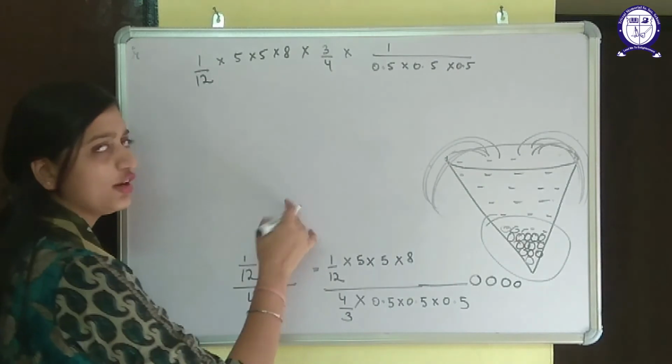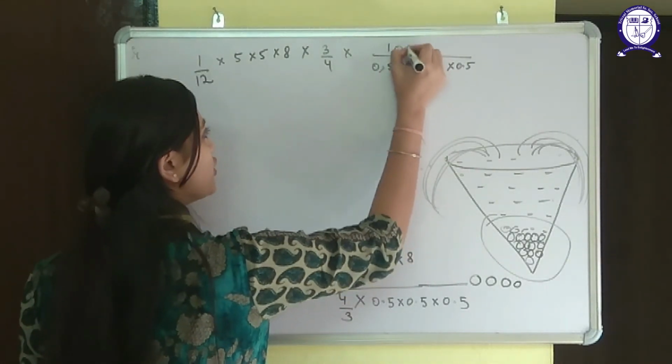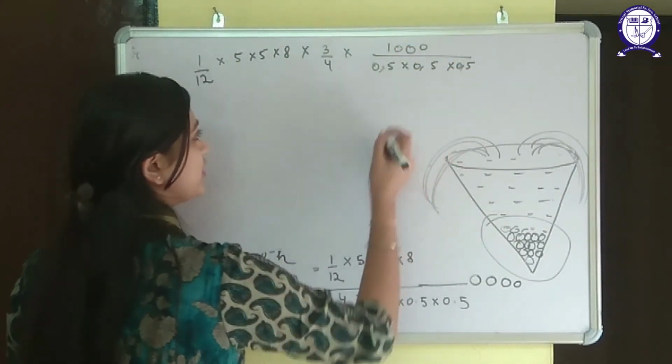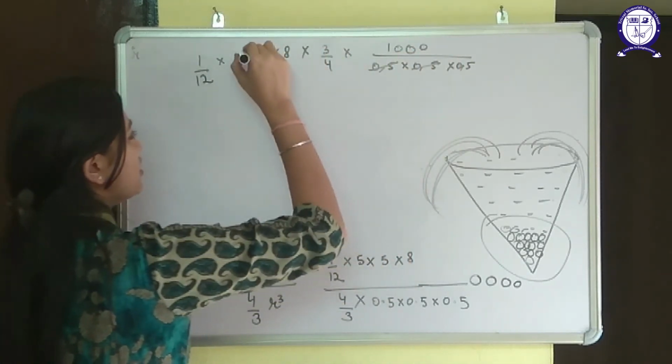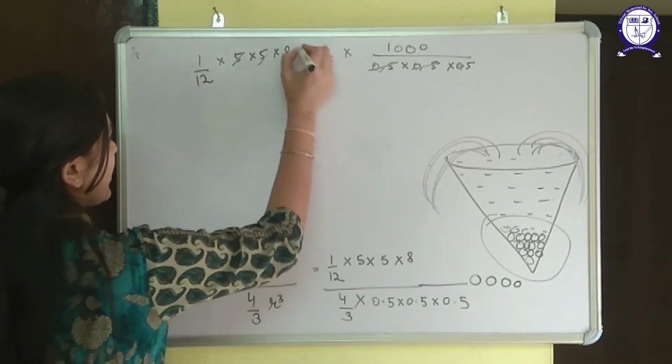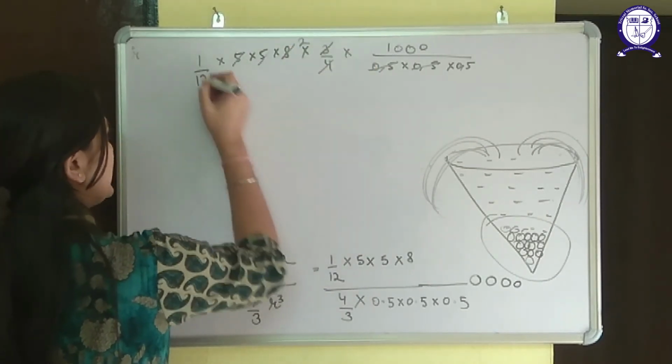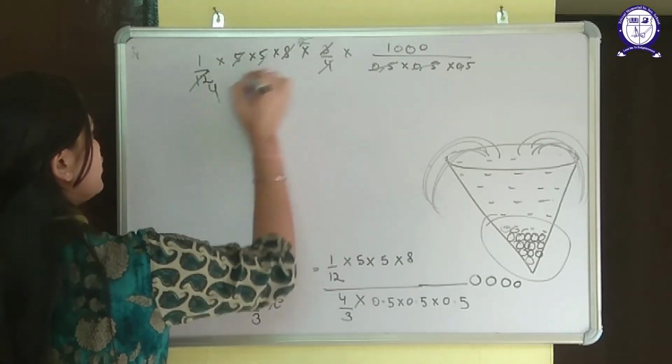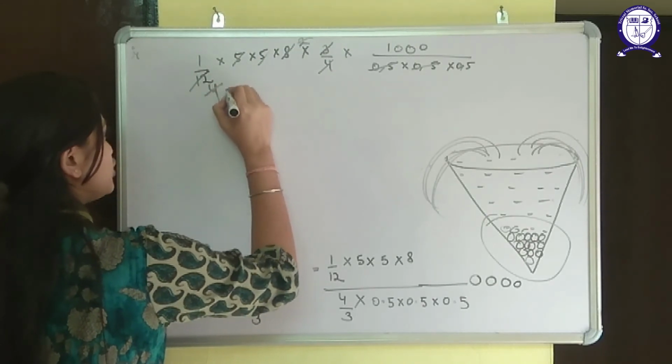So now first of all remove the decimals. It will be 10, 10 and 10 in the numerator, and two 5s will cut these 5s. What else can we cut? 4 and 8 gives 2, 3 and 12 gives 4, and 2 and 4 gives 2.